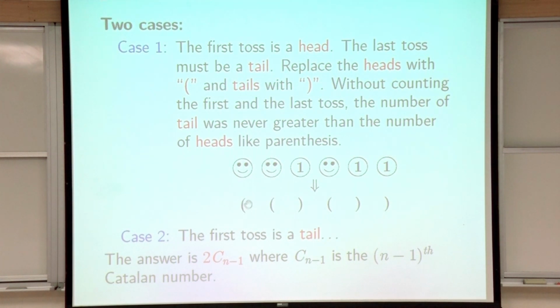We replace tail with the left parenthesis and head with the right parenthesis. We can get the same numbers. So the number of such sequences is 2 times Cn minus 1. So is everyone okay with this question? Okay.